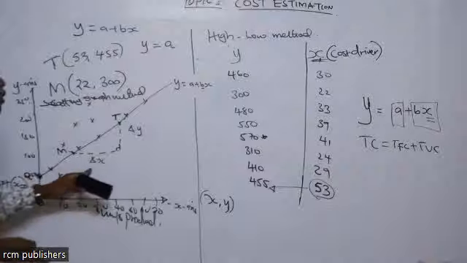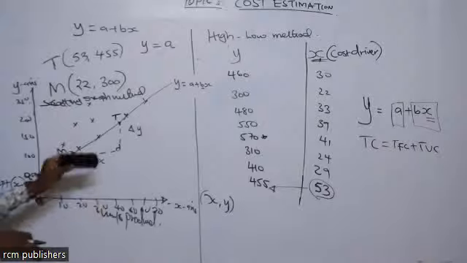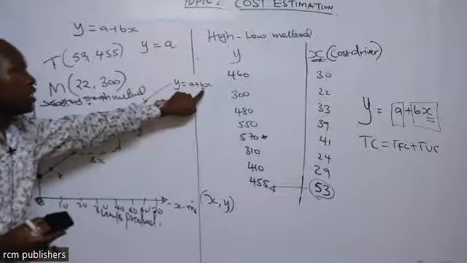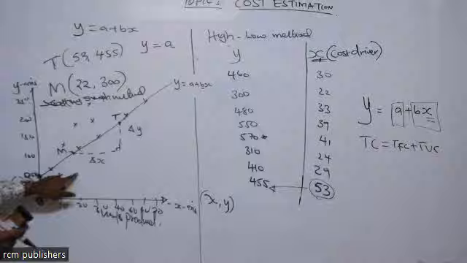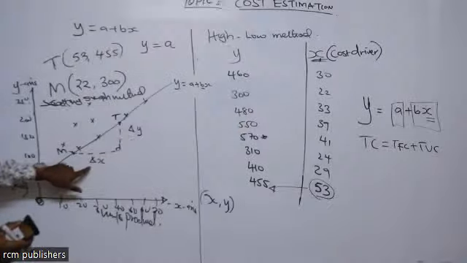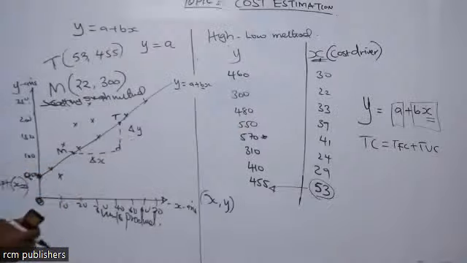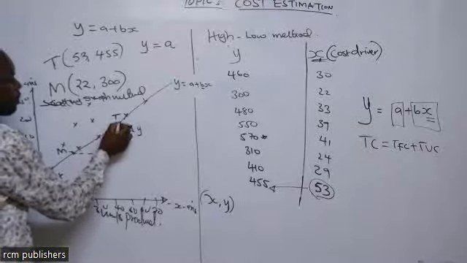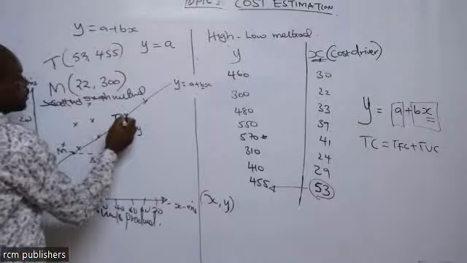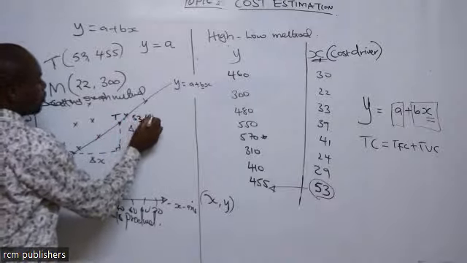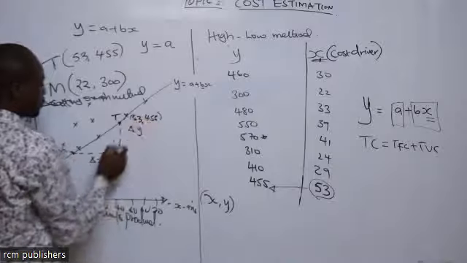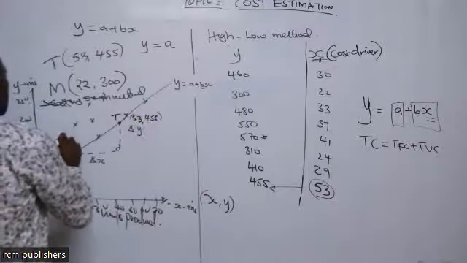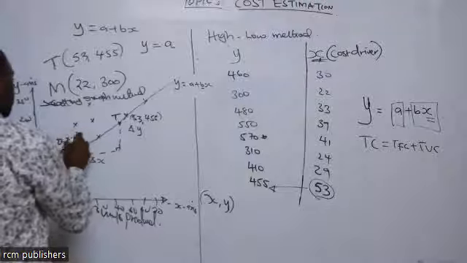And we've said for us to get the slope of this particular curve, which we said is the value of B, it is dy over dx, change in y divided by change in x. How do we get change in y? The highest value of y at this point here, remember T is 53,455. M is 22,300.